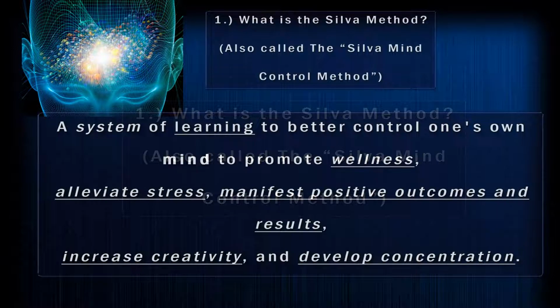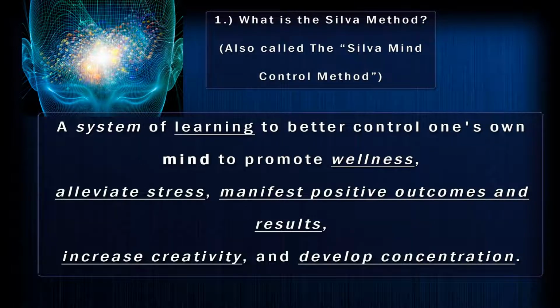What is the Silva method? What exactly is the Silva mind control method, simply put? Simply put, the Silva method is a system of learning to better control one's own mind, to promote wellness, alleviate stress, promote greater health and vitality, and manifest positive outcomes and results.